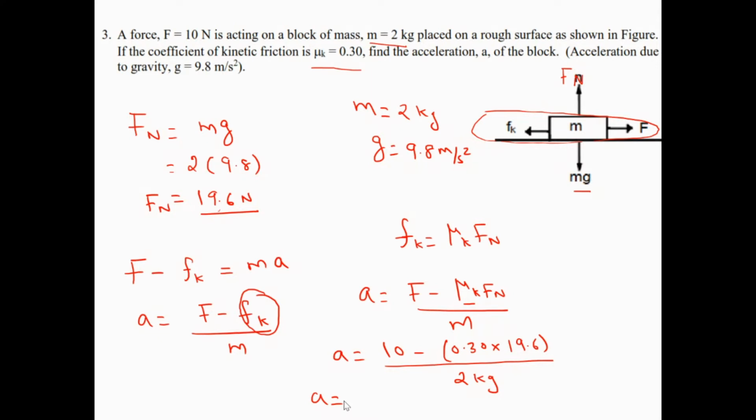Okay, 10 minus 5.88, divided by 2, gives you the answer of 2.06 meter per second square. So this is the answer for the third question.